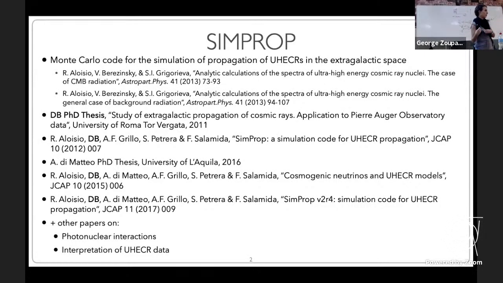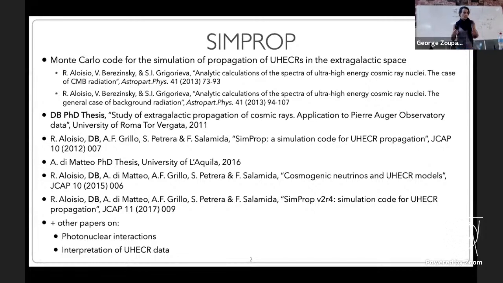Then we derived the impact of these simplifications on the spectral pattern. This also led to a paper, and to a paper studying neutrinos and the effect of all these uncertainties. For instance, in the EBL that Elisa talked about this morning, we have four implementations of different EBL models, and we can say what the effect of using the different EBL models is in the propagation of cosmic rays.